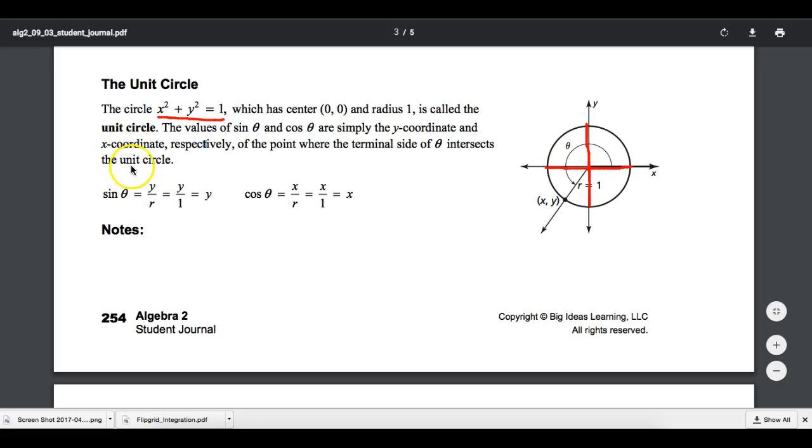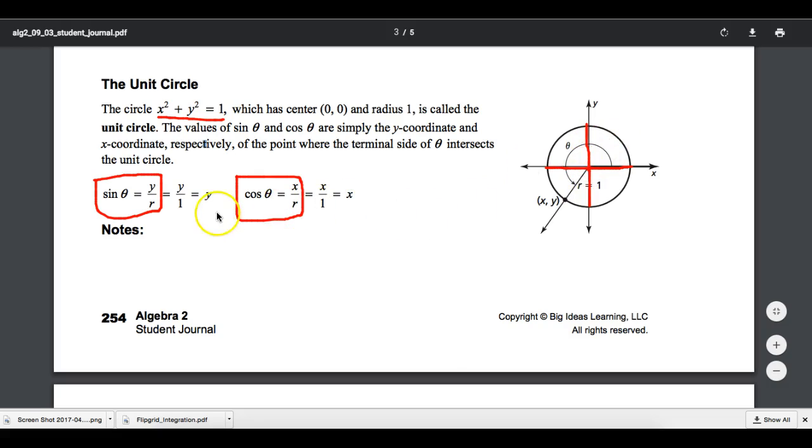Now, the reason why this is true is, if you remember back from last section, these were our two formulas right here. We know that the sine of an angle in our coordinate plane is equal to the y coordinate of the point divided by the distance from the origin to that point, r. Cosine is equal to the x-coordinate divided by the distance from the origin to that point.